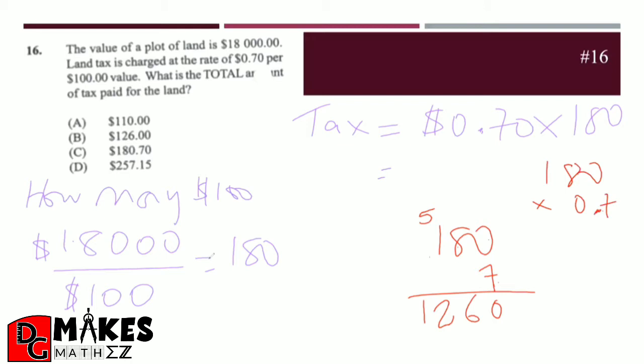So we're going to ask ourselves now, how many decimal places should be in my answer? And that would have been 1, which would be 126.0, which is 126. And so that is our final answer. $126 would have been the tax paid for the land.